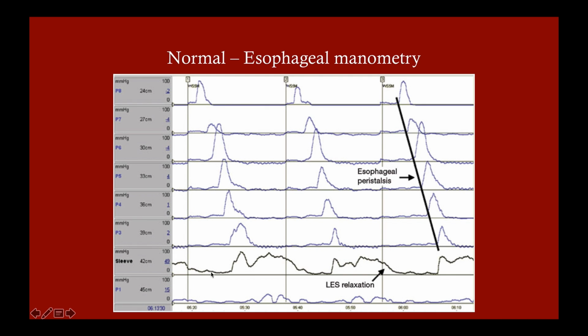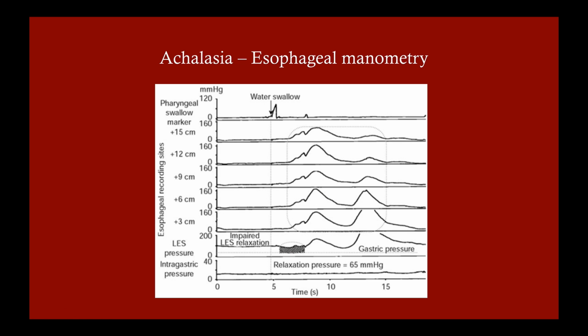And what you always should have is, at some point, the lower esophageal sphincter should relax, and it should go down roughly to 0. Now, what you're going to see when you have achalasia is the lower esophageal sphincter never gets down there. Even when it's supposed to be relaxed, it's constantly in some state of contraction.